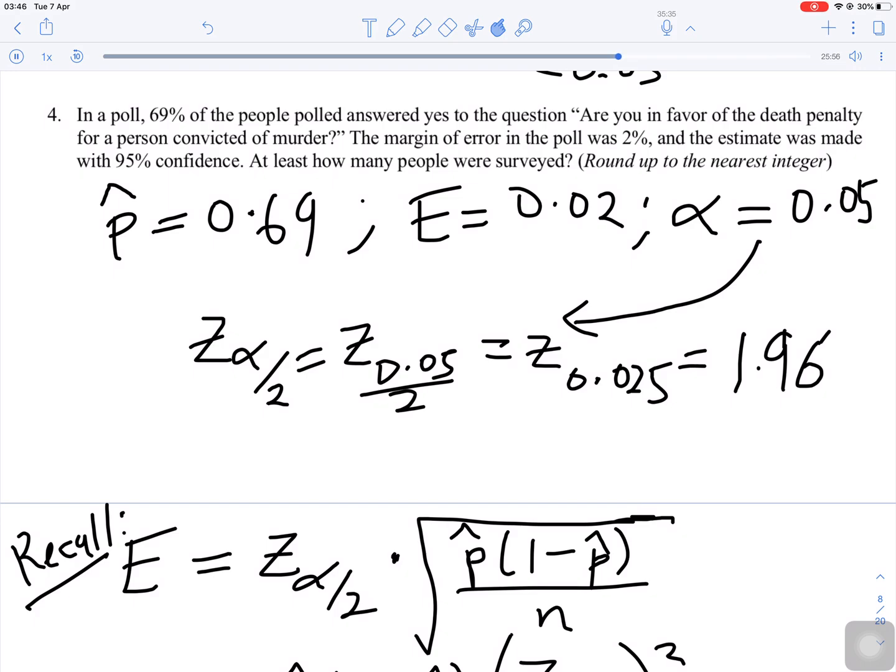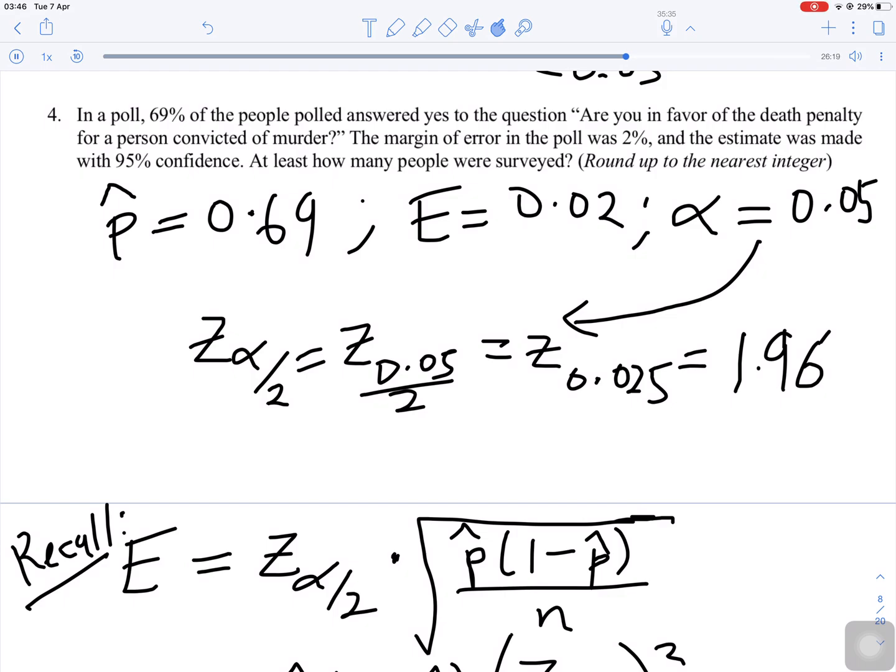So let's find out what they have given us. They have given us P cap, which is 69%, and that is 0.69. We are also given the margin of error, E, that is 0.02 because 2% margin of error. And can we find alpha? Yes, we can. We can know that from the percentage of level of confidence given.